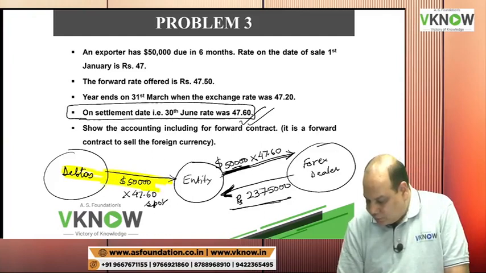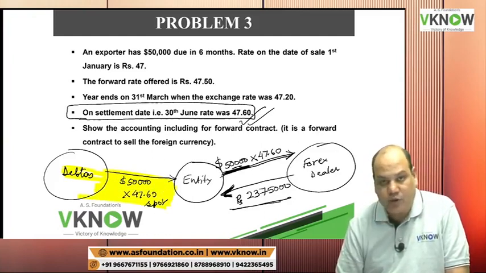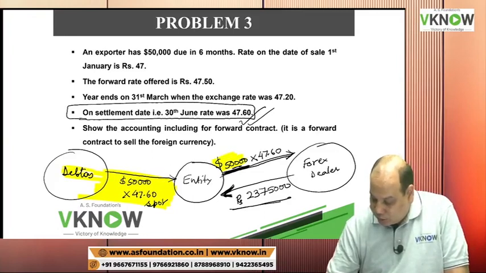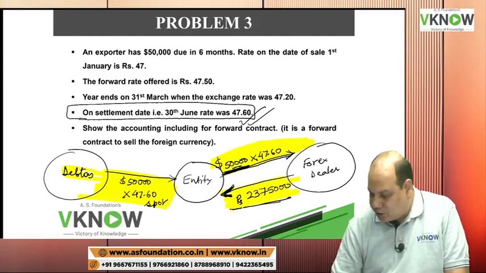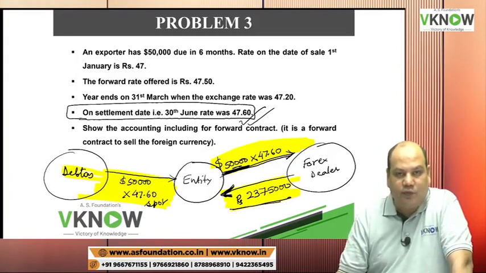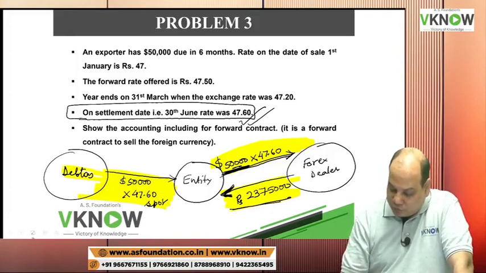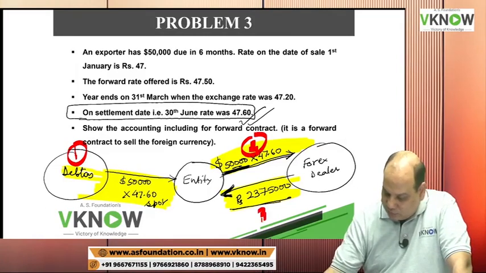So I will enter into three entries now. Debtor will give me $50,000, which I will convert at spot rate today. I have to pay $50,000 to Forex dealer, which I will convert at spot rate, and then Forex dealer will pay me rupees 23 lakh 75,000 as per the contract. So ready for three entries now. This will be entry 1 here, second entry, third entry.